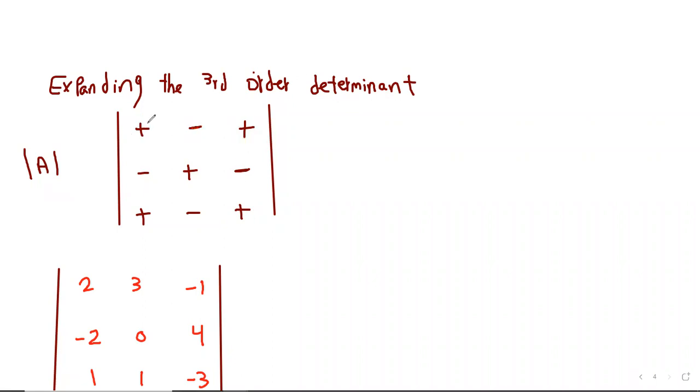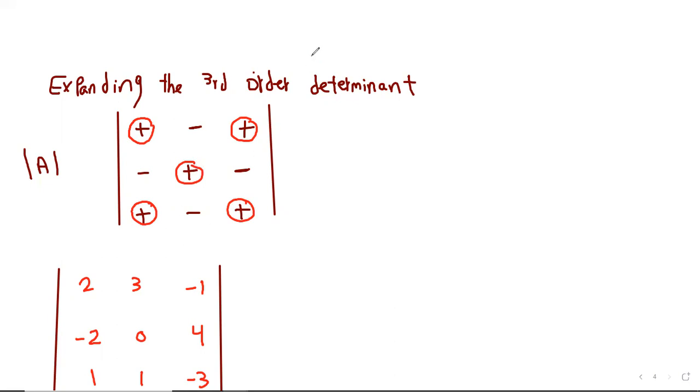In expanding the determinant, we must know that the first element, which is written in the first column and the first row, is positive. And this one is positive, and here it's positive, positive, positive. And the other elements, we will write negative before it.